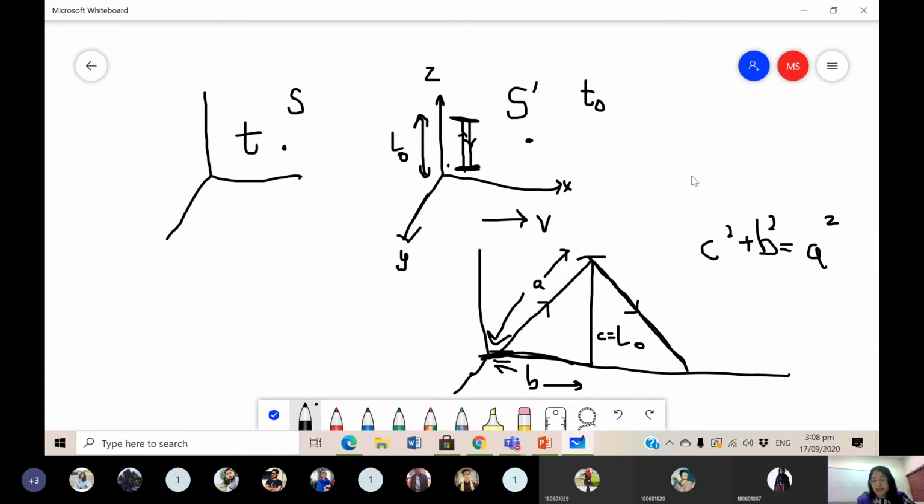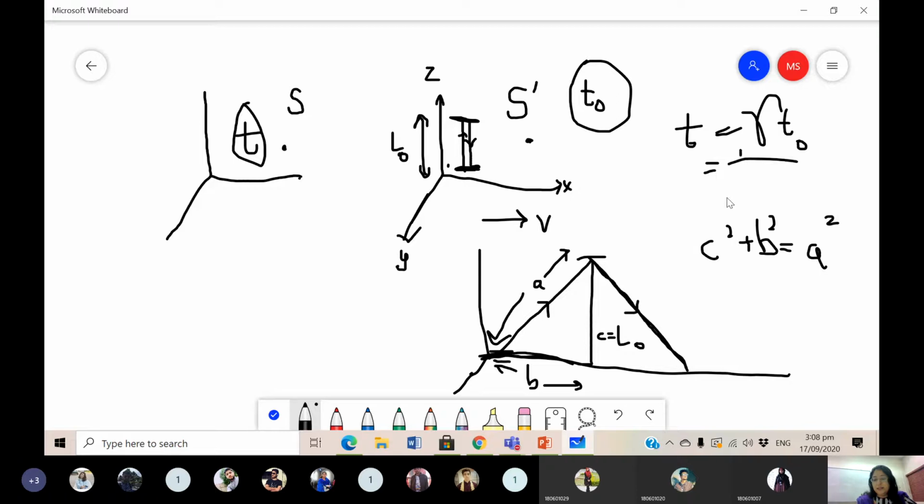So we want to use Pythagoras theorem to derive the time dilation formula, which is: if t0 is the time in this frame, t is the time for this event in this frame, then we want to prove that t is equal to gamma t0. And what did we say was gamma? Gamma is equal to 1 over square root of 1 minus v square divided by c square.